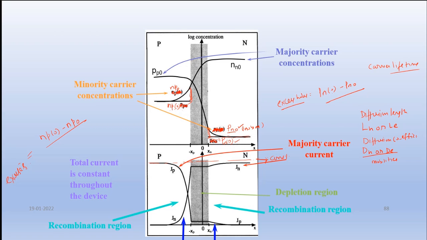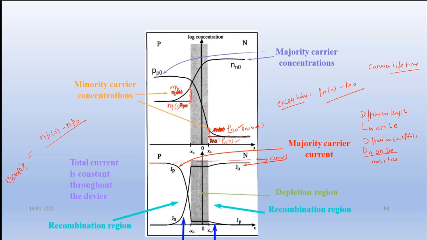Similarly, these electrons. Do ask, or please stop me, if you are not following. These are the electrons which are crossing the barrier, and Np naught becomes the minority carriers at this side, electrons at the p side when there is no bias, right? This is the minority carrier concentration when there is no bias.